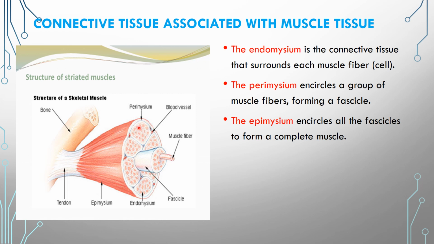Now, the perimysium sends connective tissue sheets into the muscle fascicles, and the endomysium surrounds each muscle fiber. The smaller vessels like the capillaries reach the muscle fibers through this endomysium.